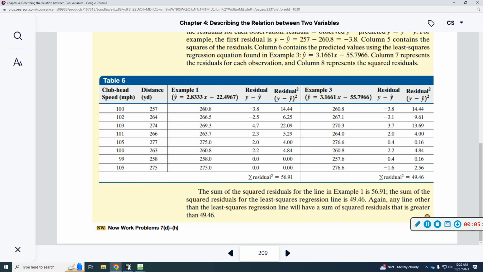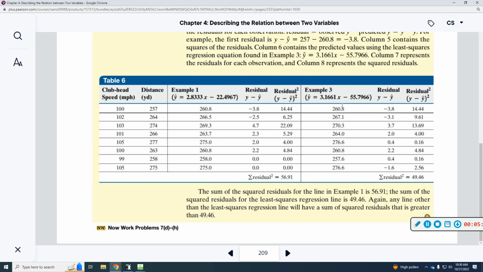We're going to take each one of these and subtract, and we get these residuals. You square the residuals, so this number squared will give you this. This is the predicted value, the residual value, and then this is the residual squared.